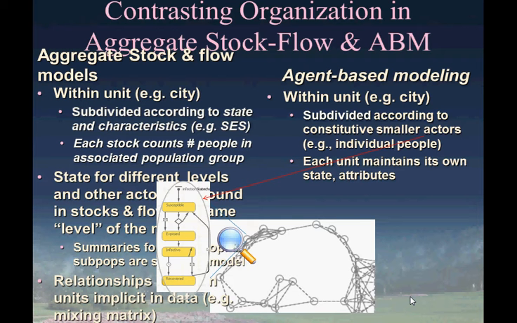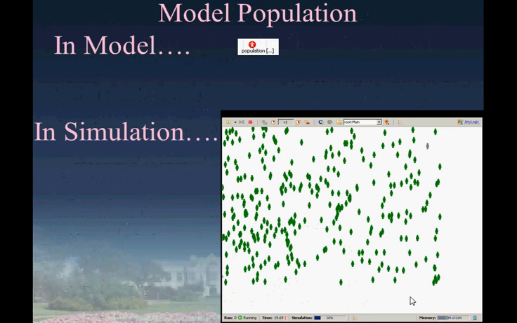It's almost system dynamics flipped on its head or flipped on its side. The organization is different. Here, state is within each individual, and in system dynamics, state is what's used to organize the whole model. That's the building blocks of the model. Does that make sense to people? We'll go through and explore this in just a few minutes.